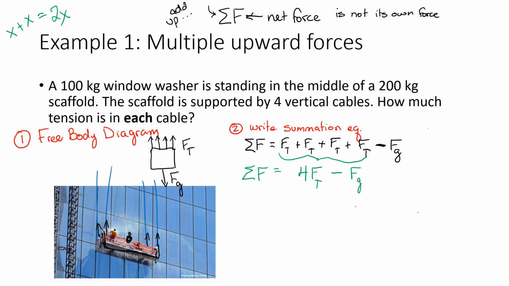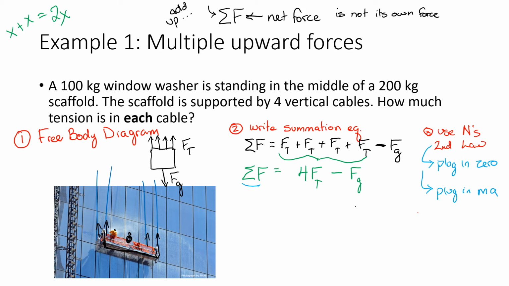Our third step is use Newton's second law. And what I mean by use Newton's second law is we're either going to plug in 0 for the net force, or we're going to plug in mass times acceleration.